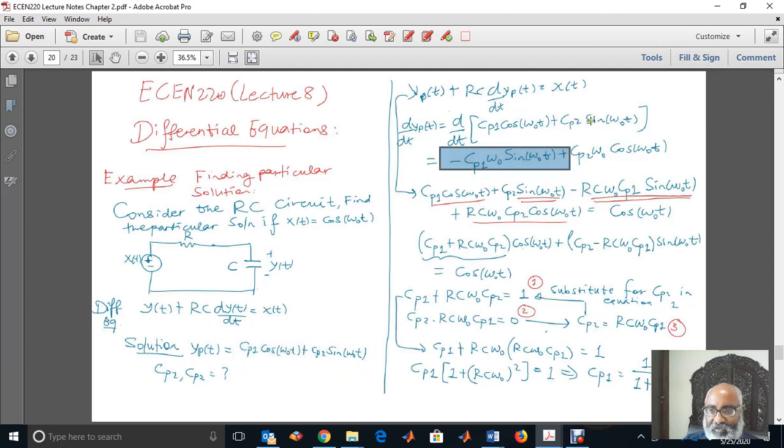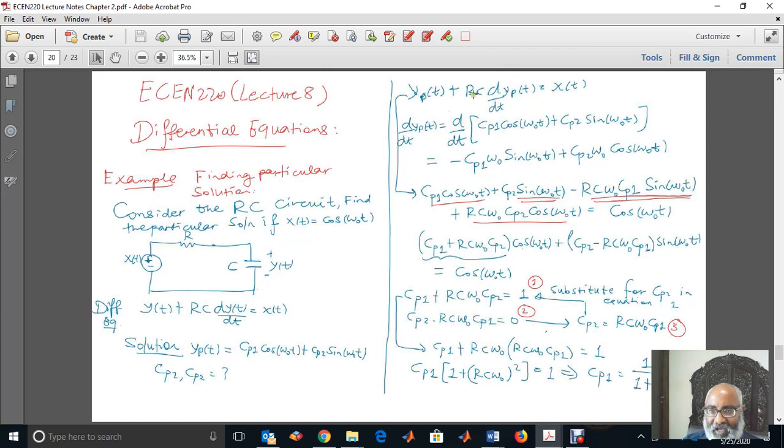Second part, the derivative of sine omega naught t is cosine omega naught t, and by chain rule, times omega naught, so Cp2 omega naught cos omega naught t.